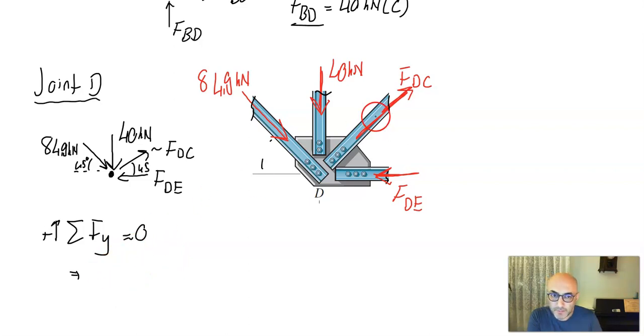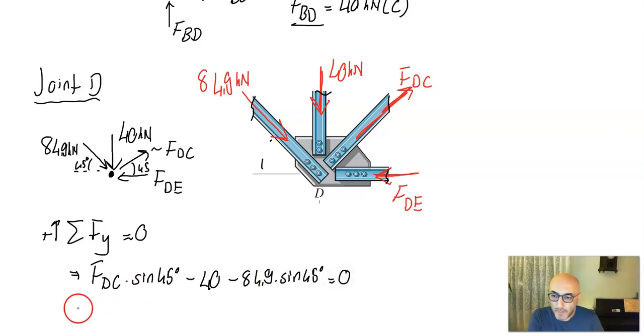So FDC times sine 45 degree, minus 40 kilonewton, minus 84.9 times sine 45 degree, equals 0. This equation gives me FDC equal to approximately 141 kilonewton.